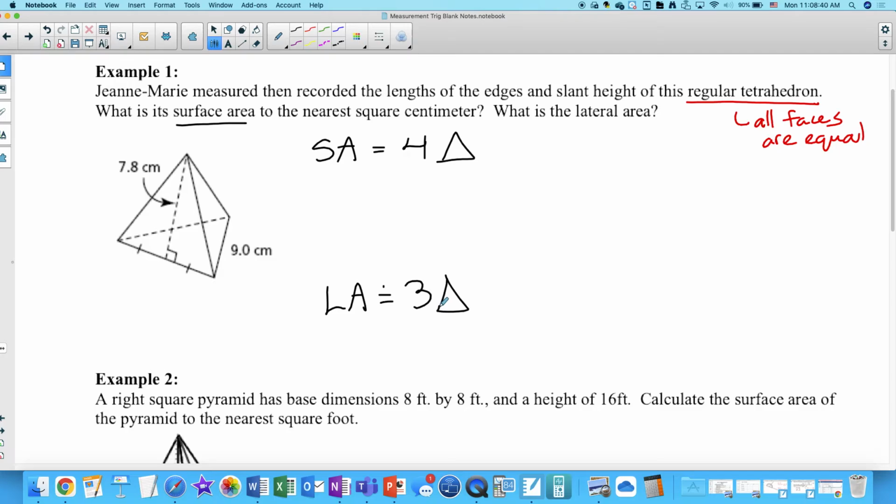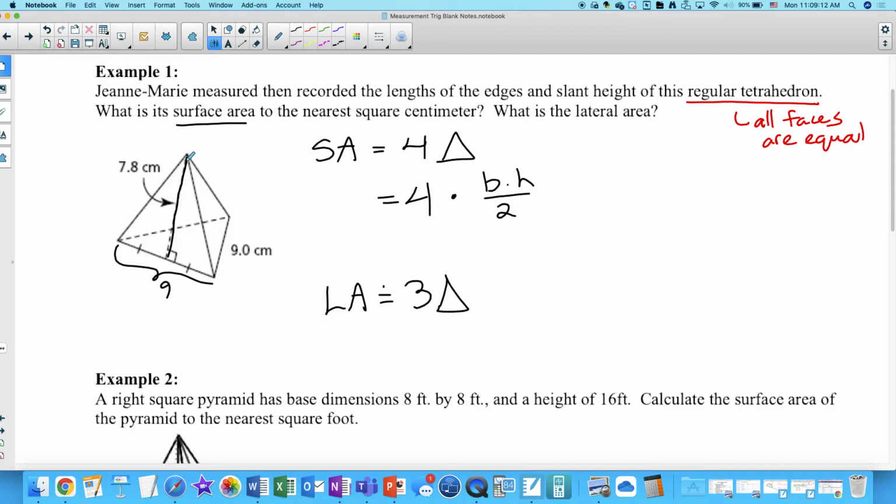So here, if I'm looking at 4 triangles, it's 4 times base times height divided by 2, right? So the base is, let's see, the base is 9, and the height of the triangle, which is, what part of the pyramid is the height of the triangle, by the way? What is this called in the context of the pyramid?